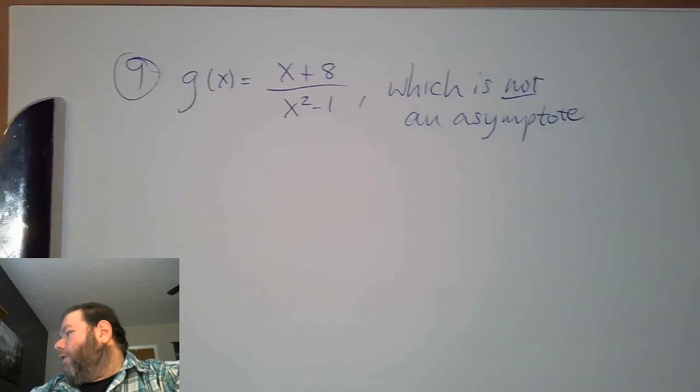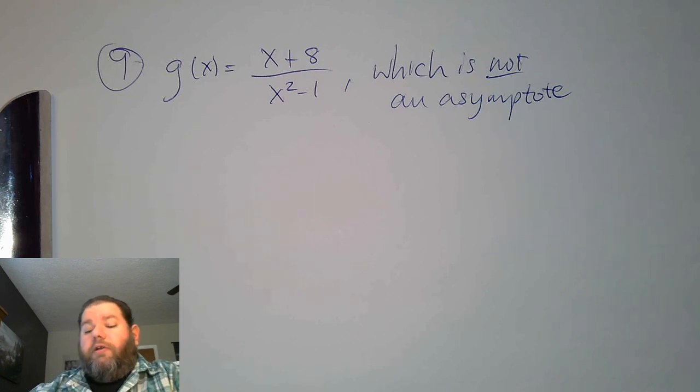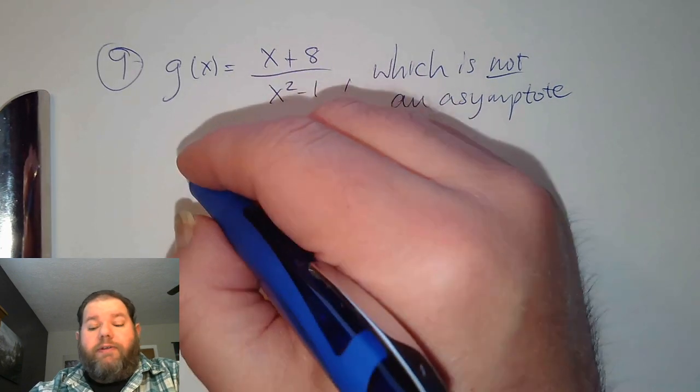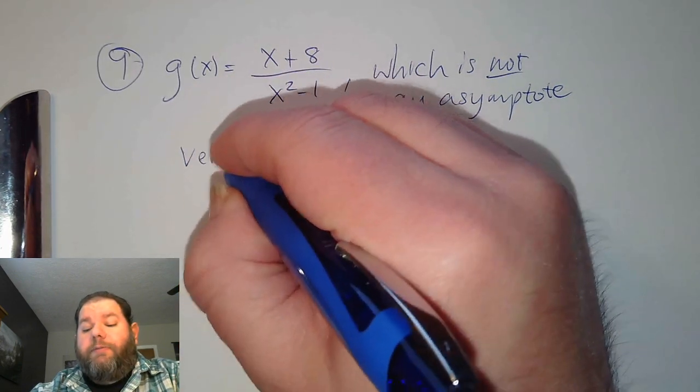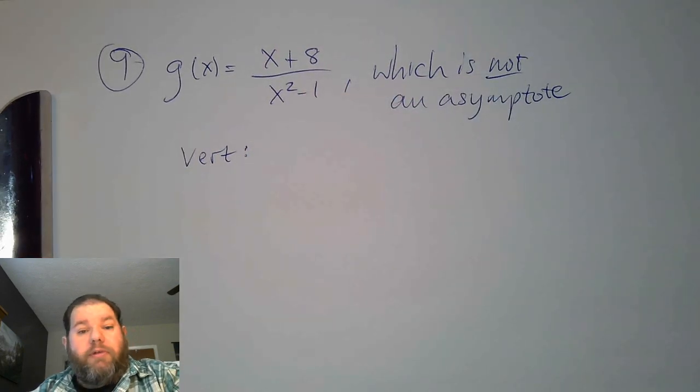Okay, so on 9, it wants us to look at this rational function and determine which is not an asymptote. This is similar to a question that we had on the most recent exam. Now, what I would suggest is go ahead and find the vertical asymptotes and the horizontal asymptotes and see where we lie.